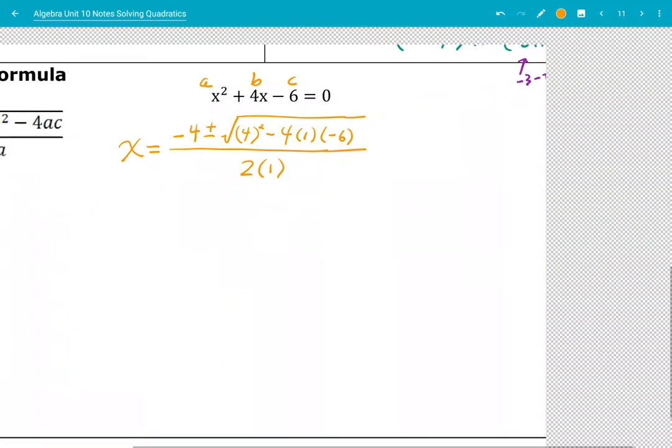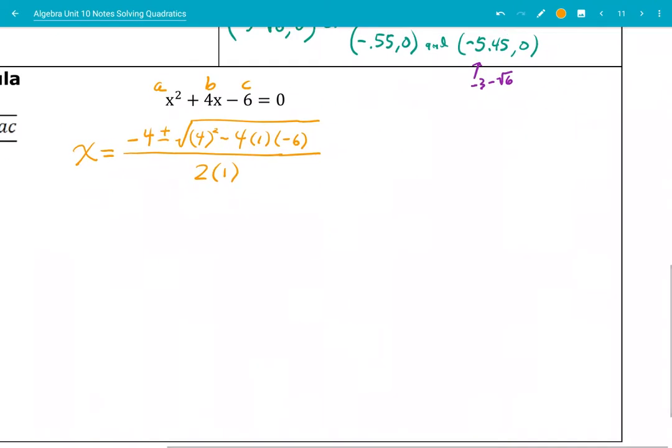So our next step, right over here so we have some more room. We can simplify. We've got minus 4 plus or minus the square root of, well, 4 squared is 16. Minus 4 times 1, a minus 4. A minus 4 times a minus 6, that's a positive 24. All over 2 times 1, which is just 2.